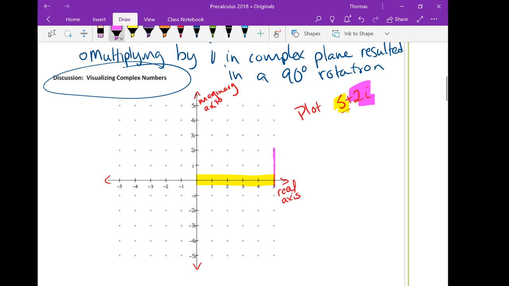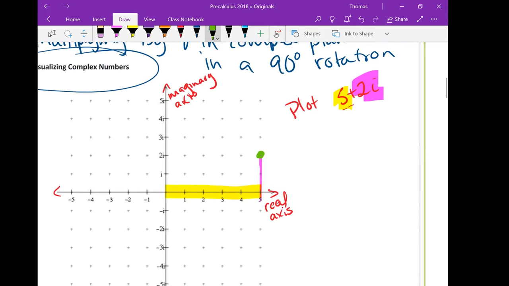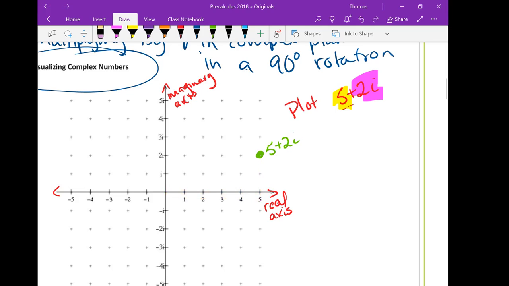So I went over 5 to the real part, up to 2i in the imaginary part, and I plot that point in green. That point is the number 5 plus 2i. So plotting complex numbers is really just going to our real part on the real axis and going to our imaginary part on the imaginary axis. We can plot these all over now.